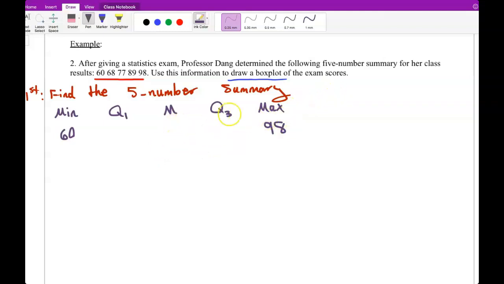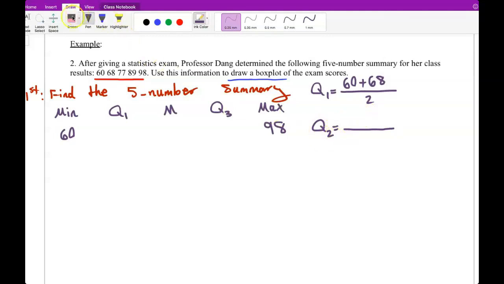Now finding Q1. Q1 is equal to 60 plus 68 divided by 2. Q2 is 77.